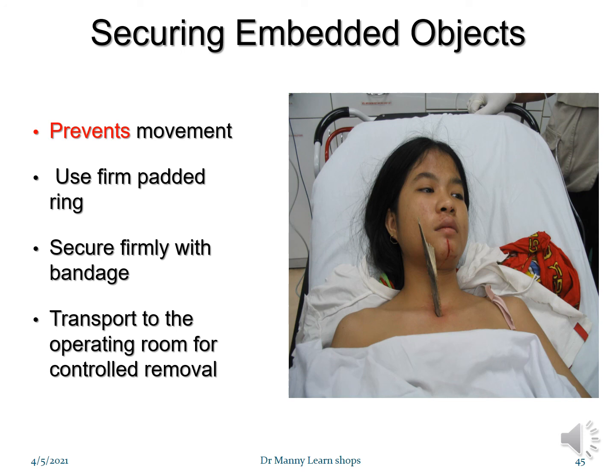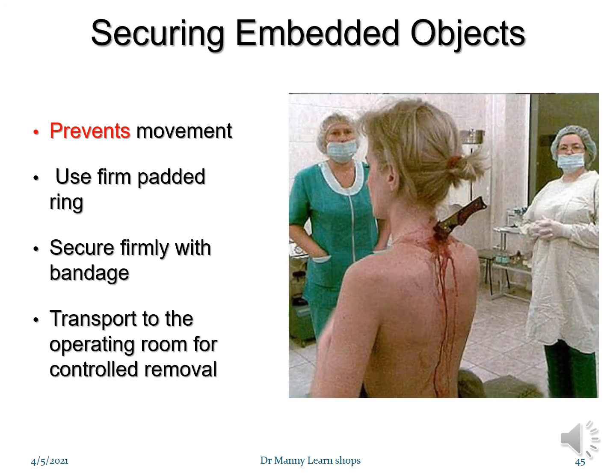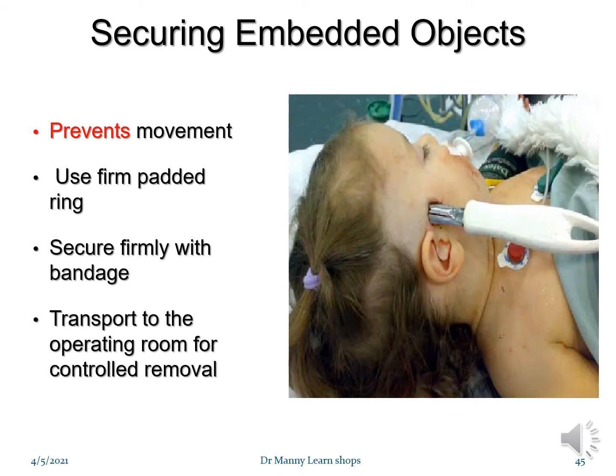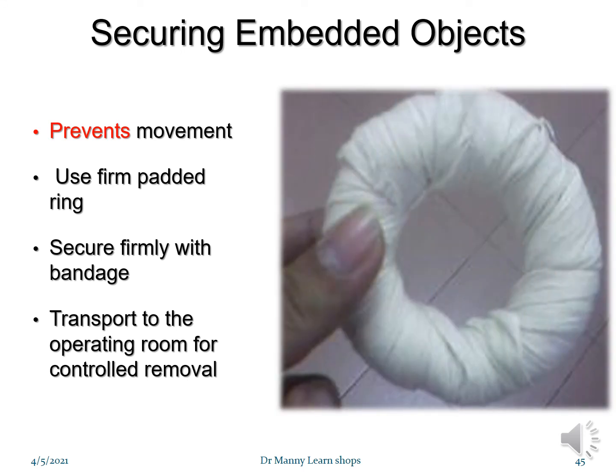So, she needs to be transferred to a hospital. So, how do you secure an embedded object? Well, you use a firmly padded ring demonstrated there. This goes around the object.